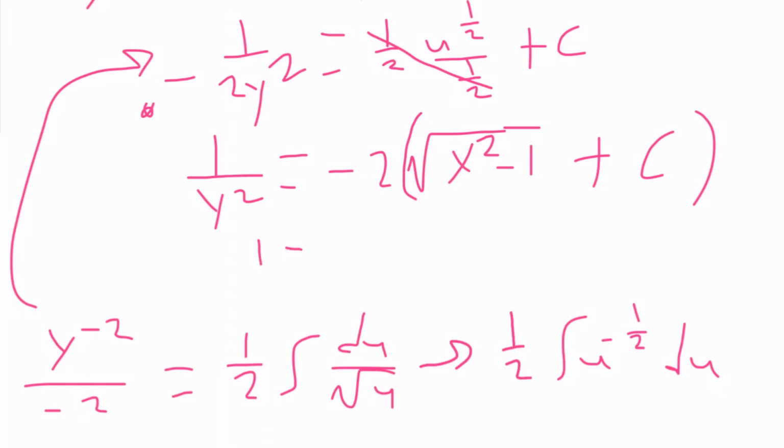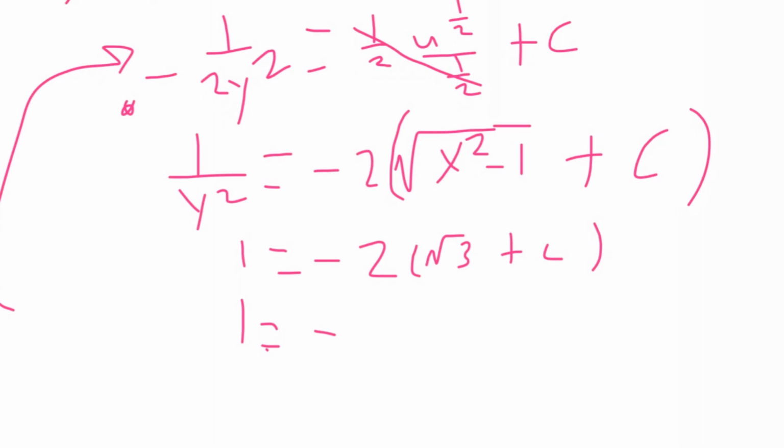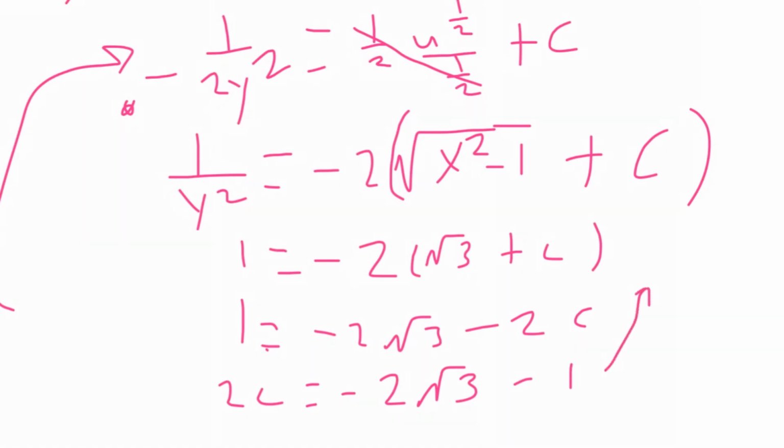We have 1 is equal to minus 2, and then 2 squared is 4, minus 1 is 3, so root 3 plus c. And then we are left with 1 equal to minus 2 root 3, and then minus 2c. We want to isolate this c, so 2c is equal to minus 2 root 3, and then minus 1. Then you divide by 2, so c is equal to minus root 3 minus a half.